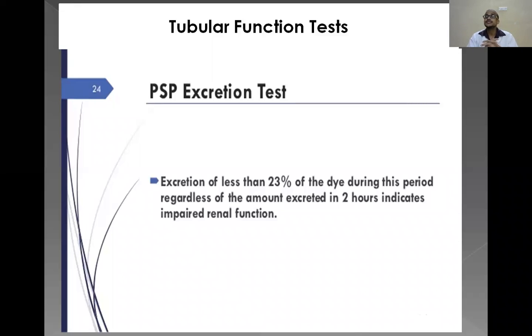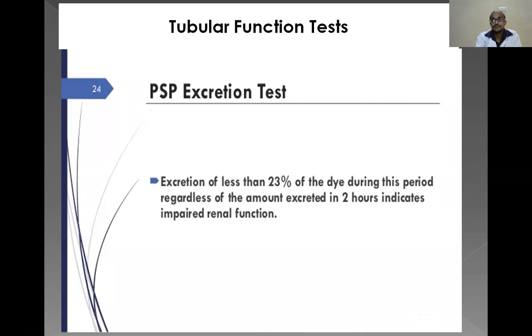So this is the test which is useful for assessing the tubular function of the kidney, or the reabsorption function of the kidney. Because most of the biochemical substances, after undergoing filtration, will be excreted. So before excretion, some part of the biochemical substances are reabsorbed by the kidneys.